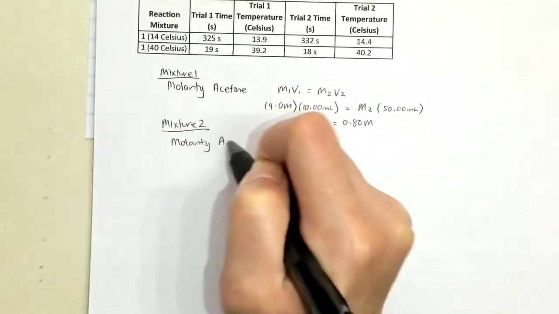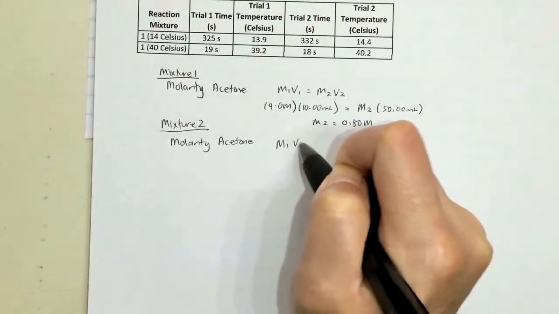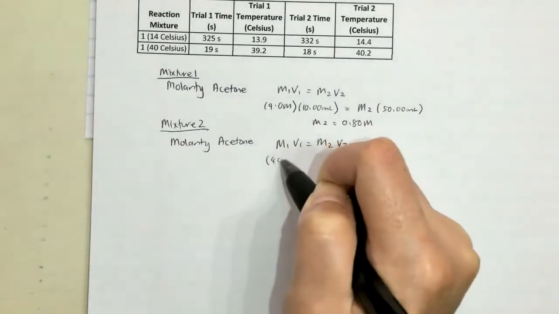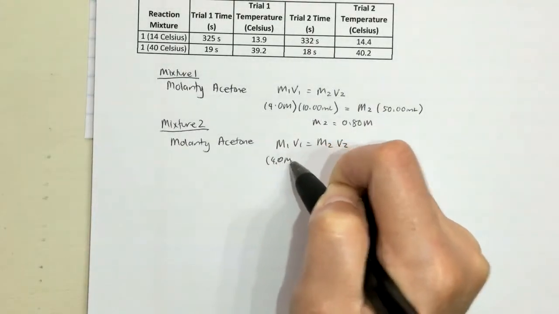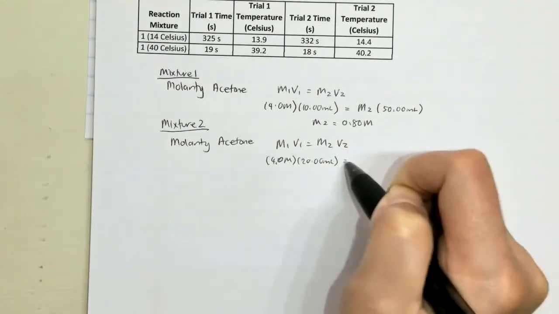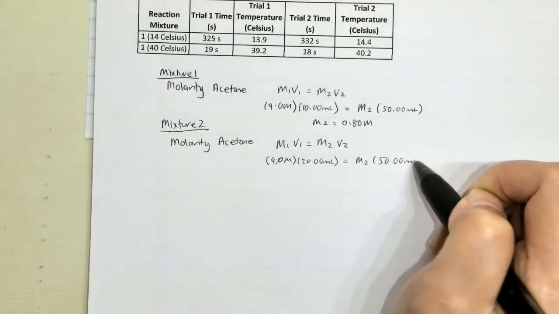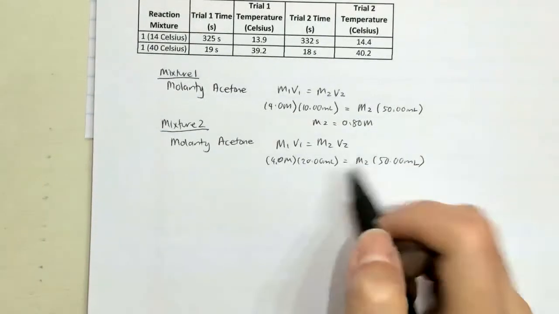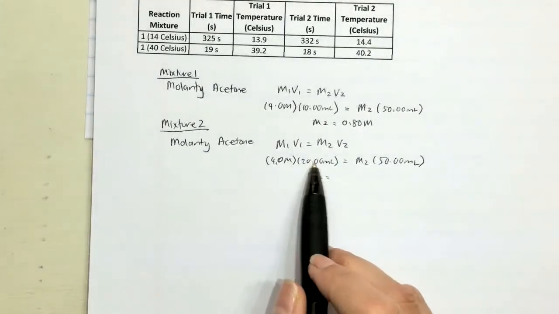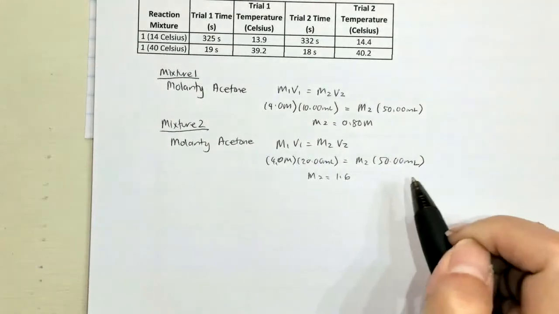Molarity of acetone. So you have M1 V1 equals M2 V2. So 4.0 times 20 equals M2 times 50. So what I need to do now to get M2 is 4 times 20 divided by 50, and that should give me 1.6.